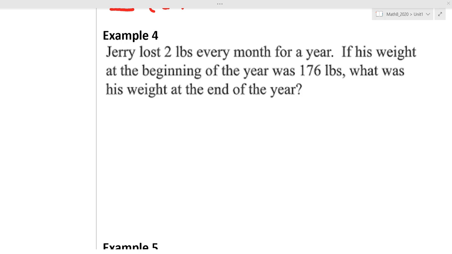First question, example 4. We want to find out how much Jerry weighs now that he's lost some pounds. He lost 2 pounds a month. So how did you do this? How much does Jerry weigh? 152.